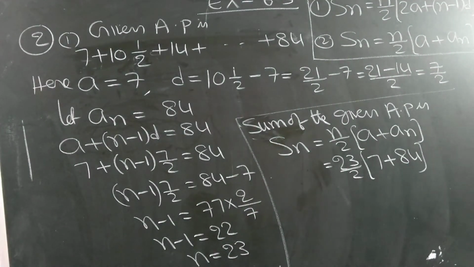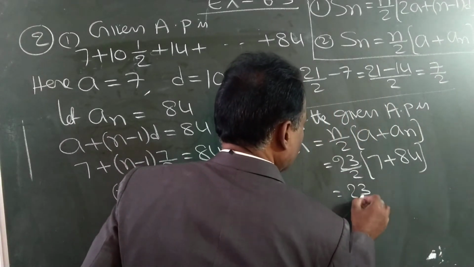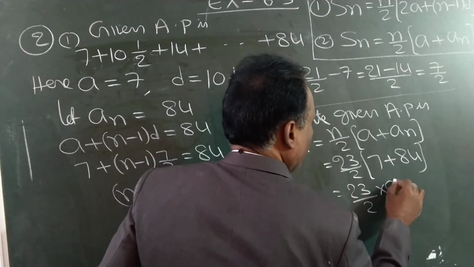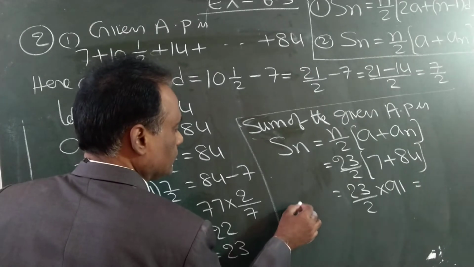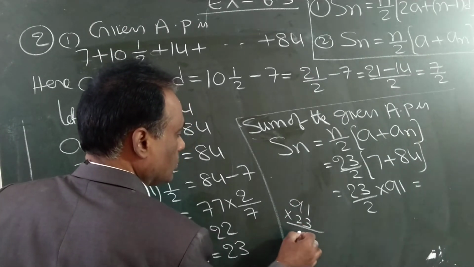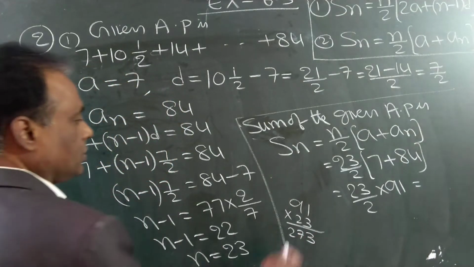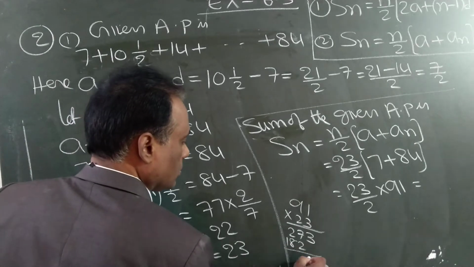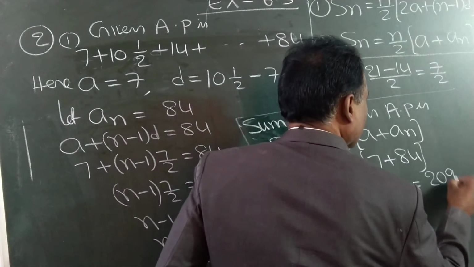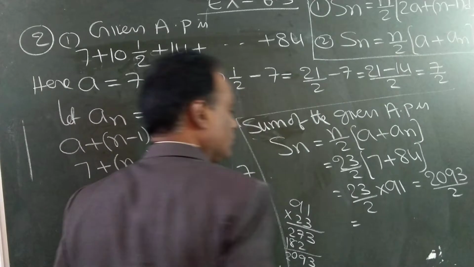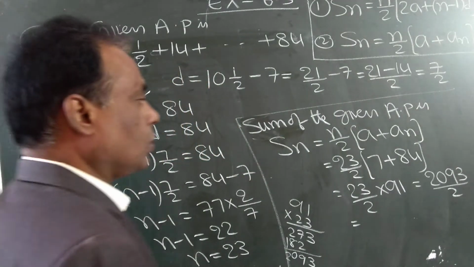Students, do it fast. 84 plus 7, 91. 23 into 91 by 2 is the answer.